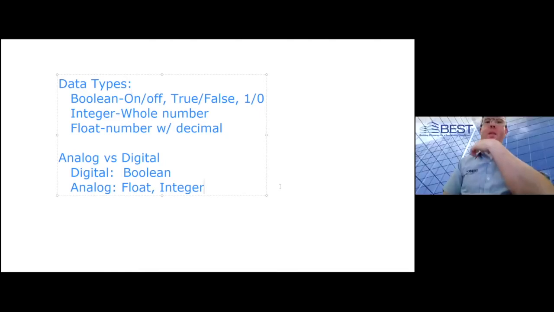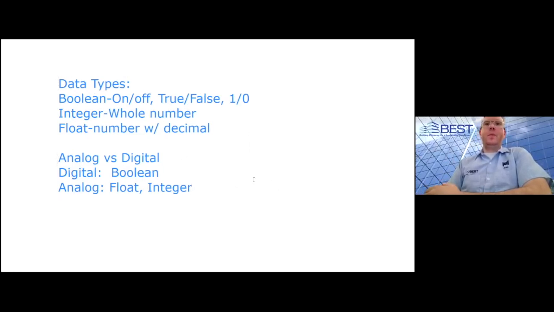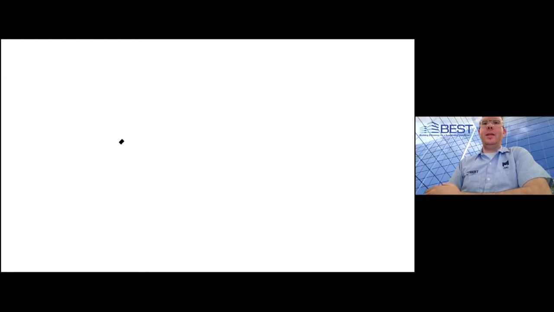So let's talk about some applications for these types of data. We're going to start off with the simplest type of data, Boolean data, on and off. Really relatable, right? Well, I'm going to do my best to make it not relatable for you. You're welcome.